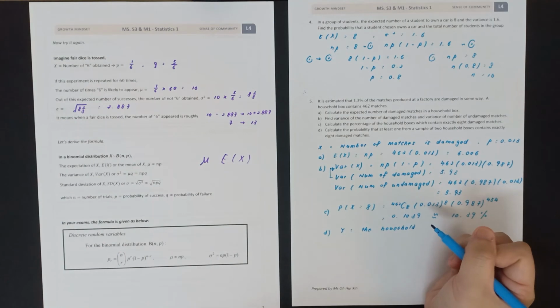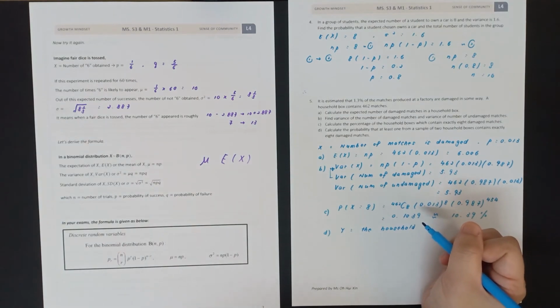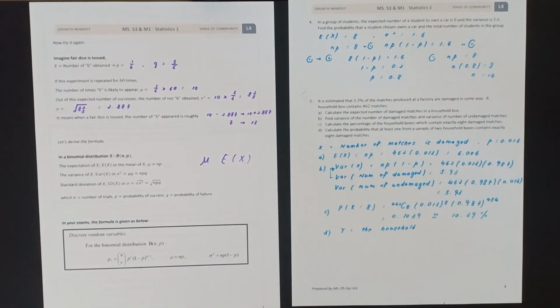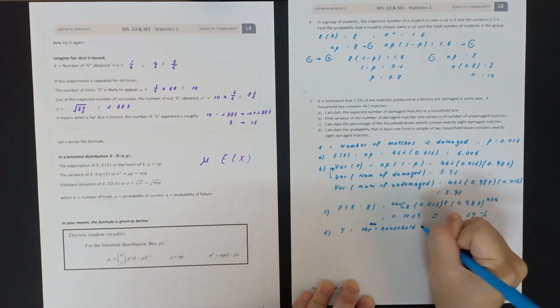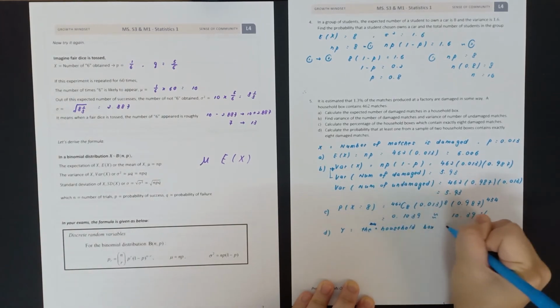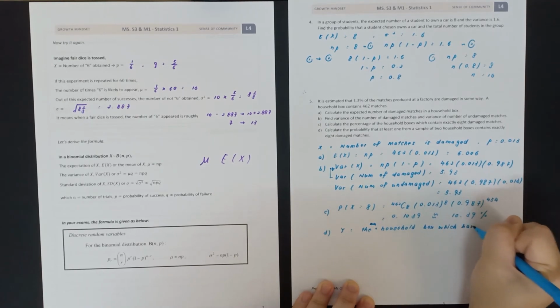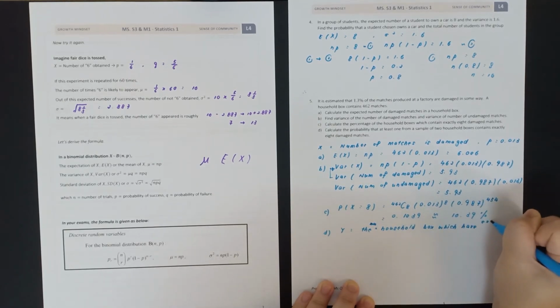The X is telling me the number of matches, but for Y, I'm looking at the number of household boxes which have exactly 8 damaged matches.